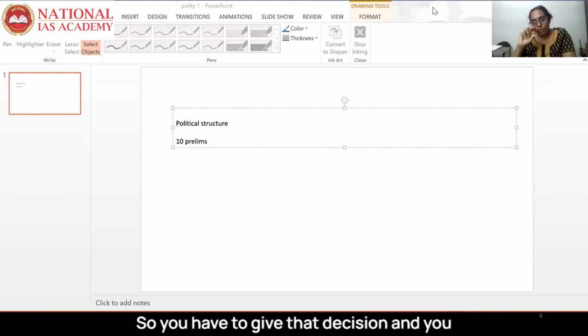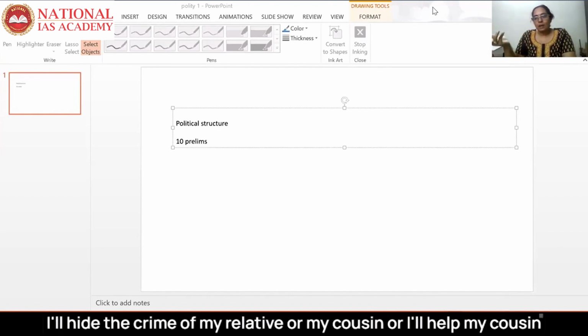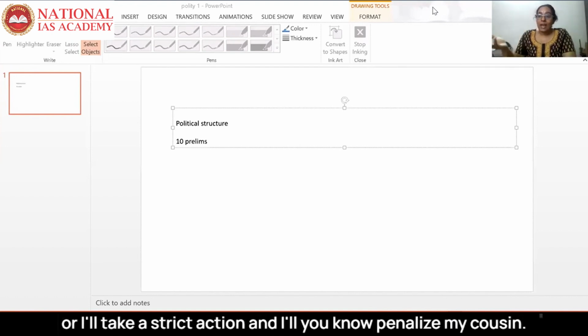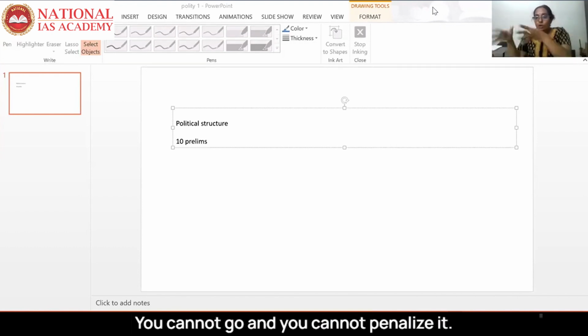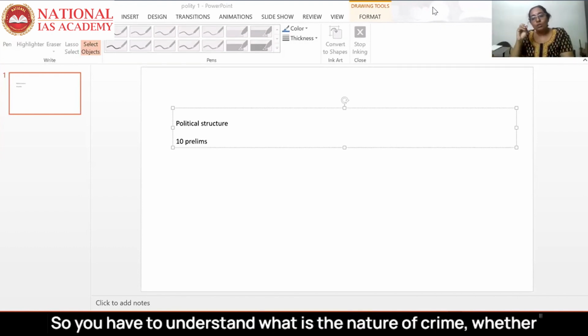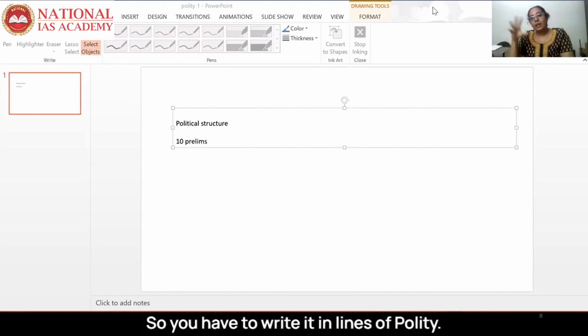You cannot say that you'll become emotional and hide the crime of your relative or cousin, or help your cousin, or take strict action and penalize your cousin. What if the act he has done is not even a crime? You cannot penalize it. So you have to understand the nature of the crime, whether it is constitutional or non-constitutional, then come to a decision. You have to write it in line with polity.